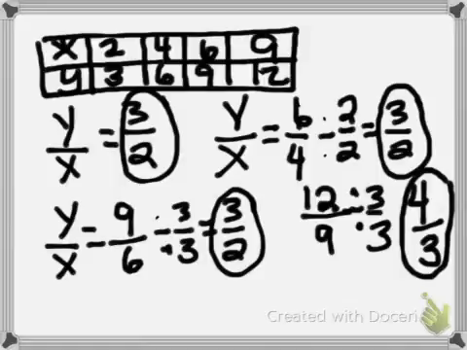Since they all did not share the same ratio, this makes this example a non-proportional relationship. It doesn't matter that 3 out of the 4 were the same. Since that last one was different, that makes the entire table not be proportional. So let's go through and define non-proportional.